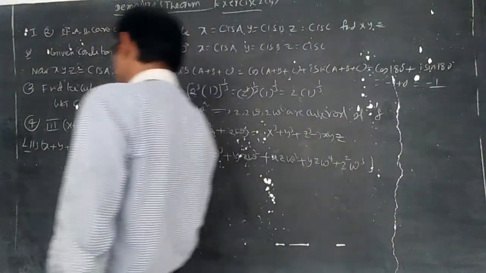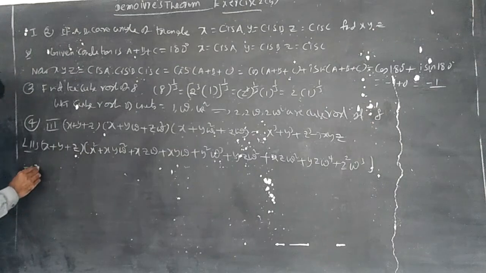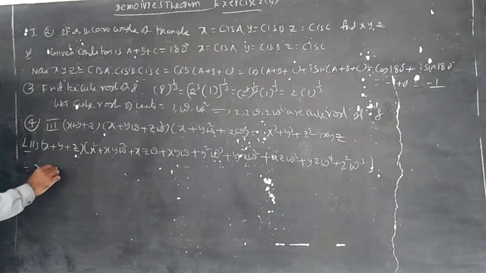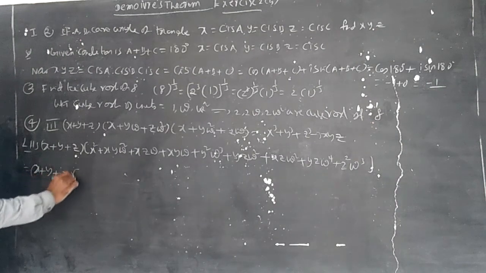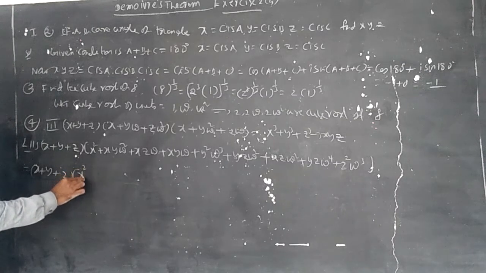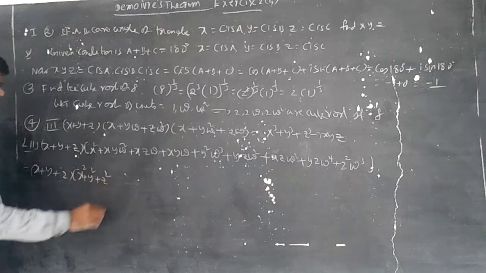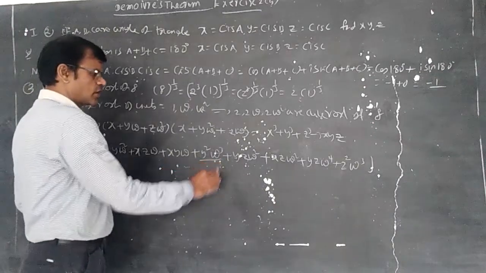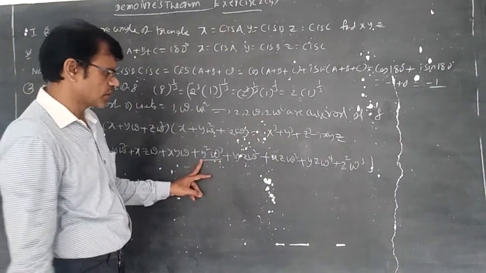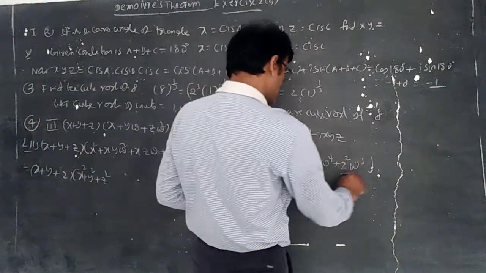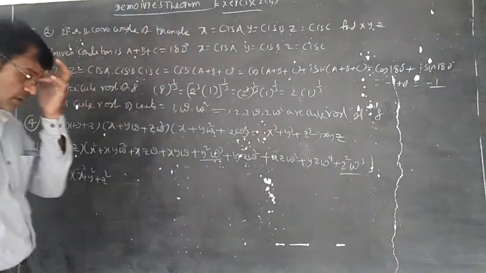This is the LHS. So that is equal to x plus y plus z into x square plus y square plus z square, because omega cube is equal to 1, so y square omega cube and z square omega cube are y square and z square.